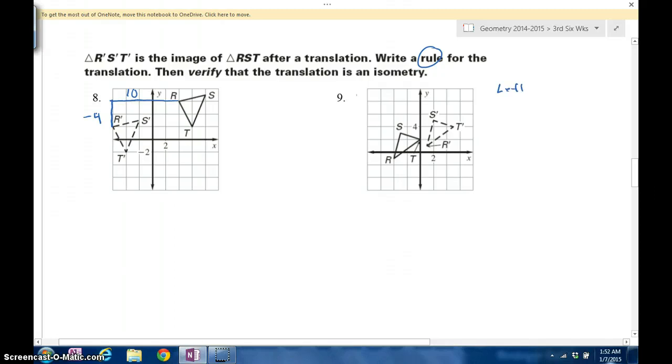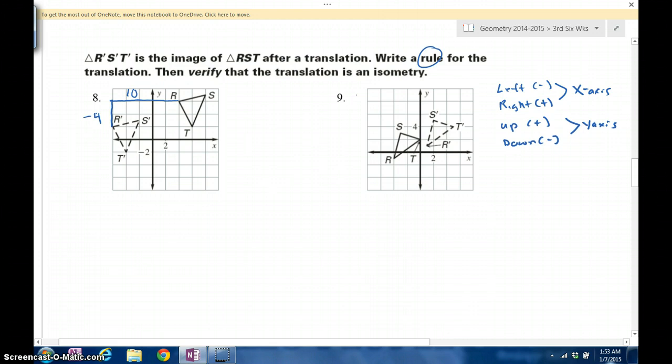Left is negative, right is positive, up is positive, down is negative. So remember that. Left and right are governed by the x-axis. Up and down is governed by the y-axis.